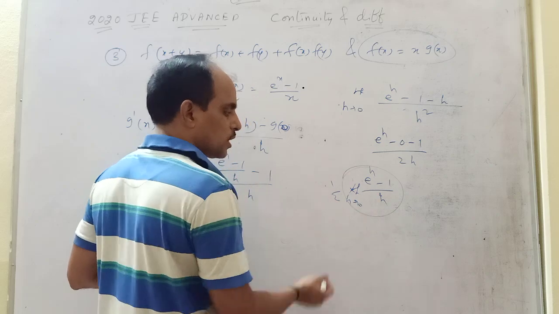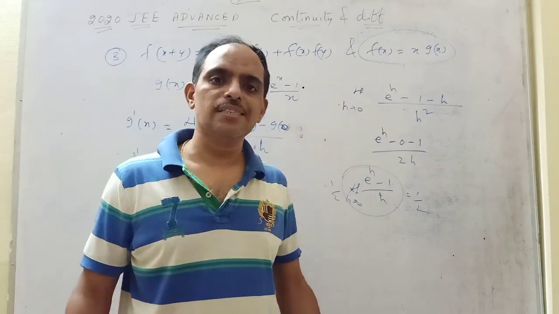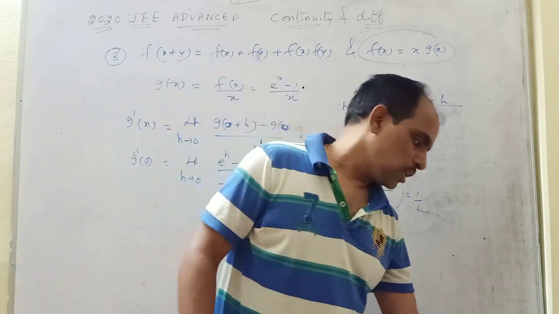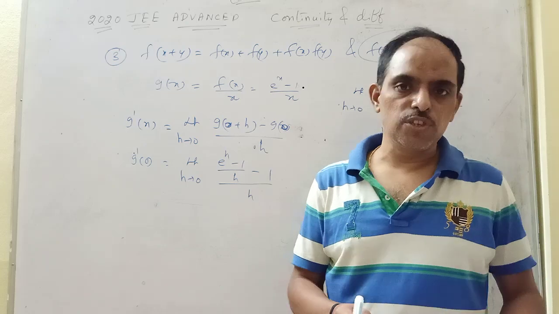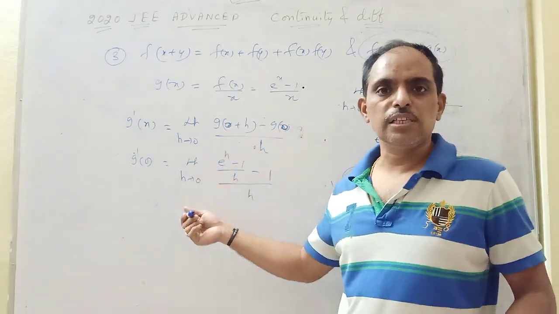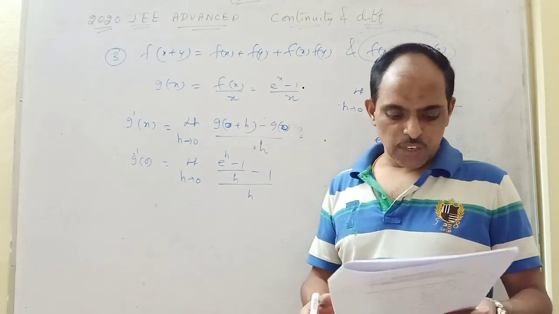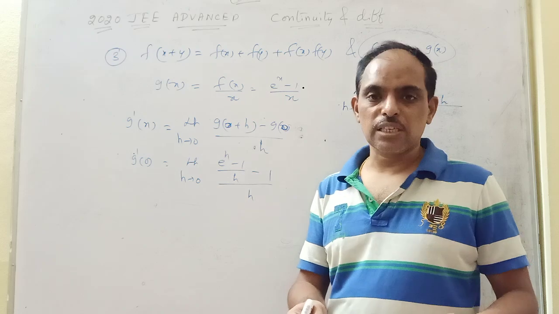What about this value? 1. So it is equal to 1 by 2. So we have a value, so it is differentiable everywhere. So the second option is also correct: if g of 0 is equal to 1 only, then g is differentiable everywhere.